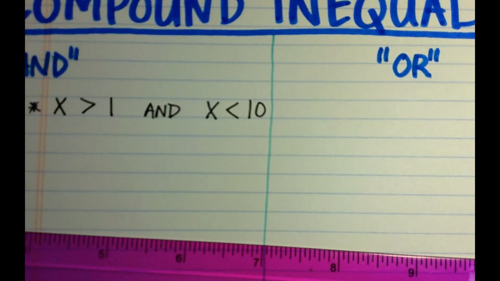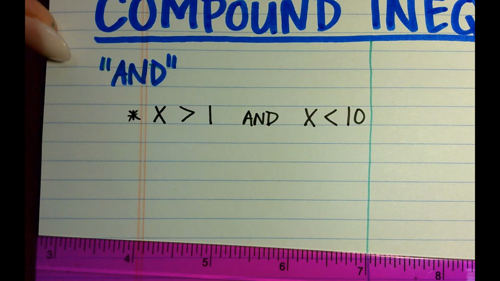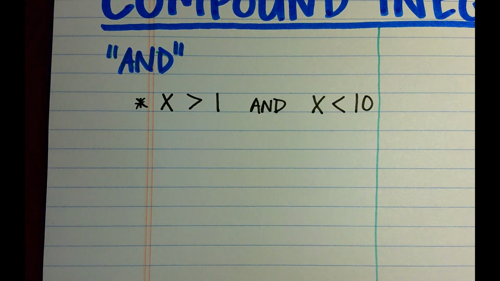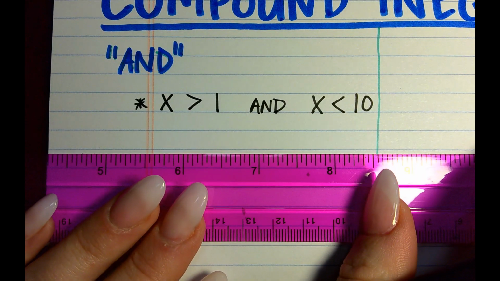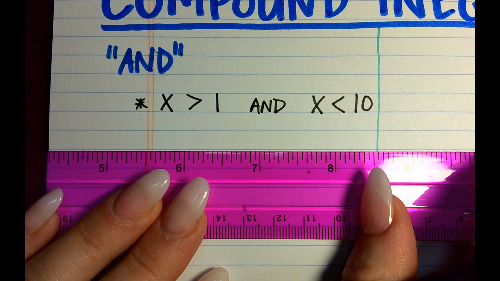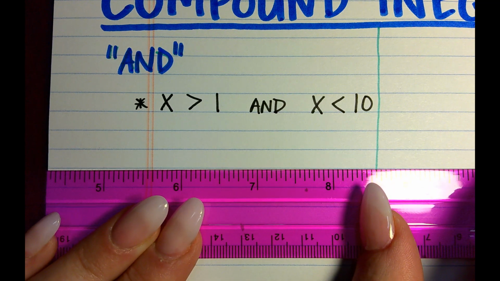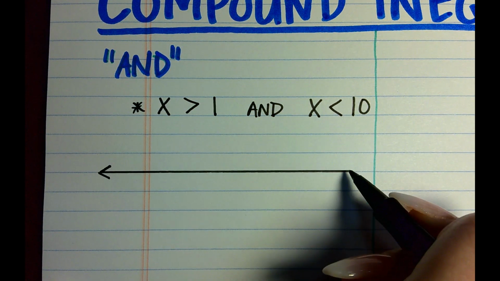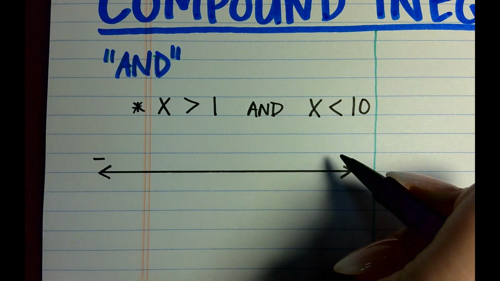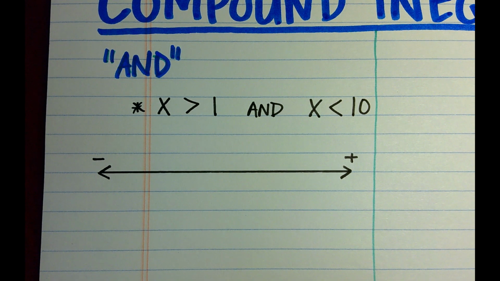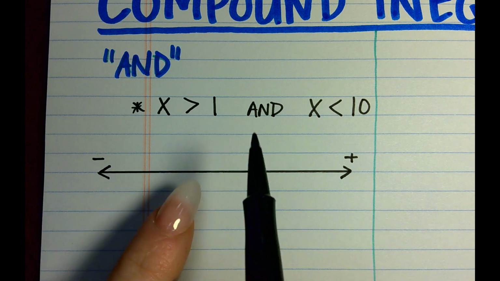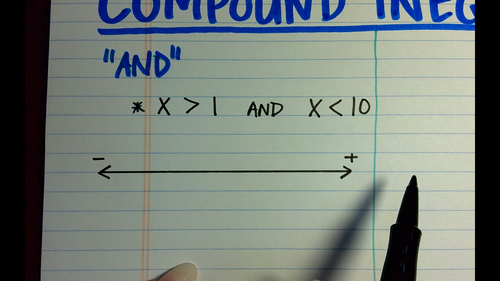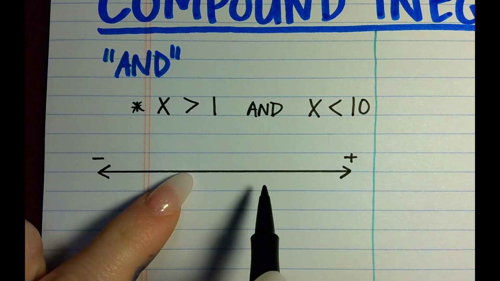We'll focus just on the and inequalities for now. And now I will draw a graph and show you how this will look. The only difference with a compound inequality is that since we have two values for x, we don't just have one tick mark.